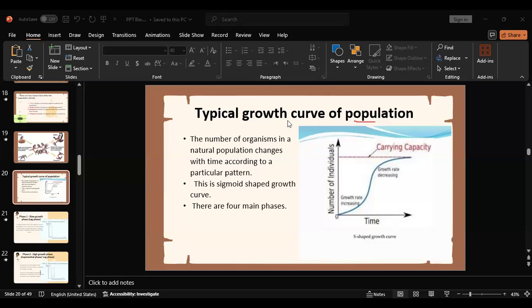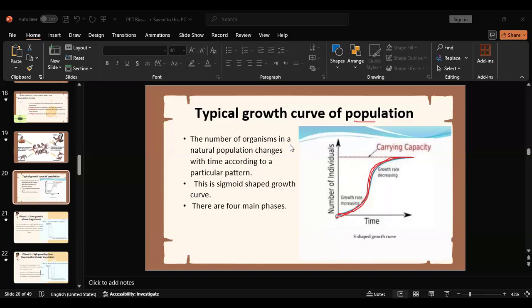Okay, so the typical growth curve always looks like this, right? The shape will be sigmoid shape. Here, look, this is the sigmoid shape. While we draw the graph of time versus number of individuals, the graph will be in sigmoid shape, right? Okay, so what is talked about here?